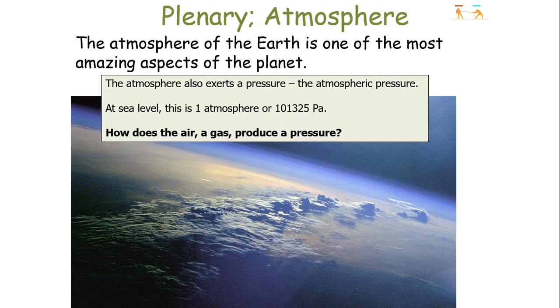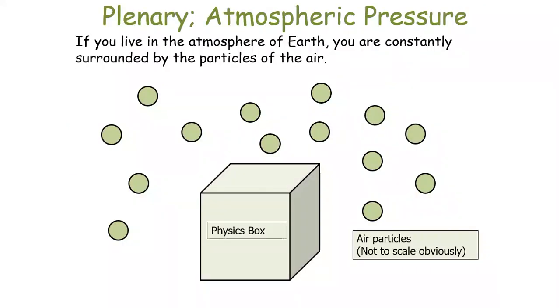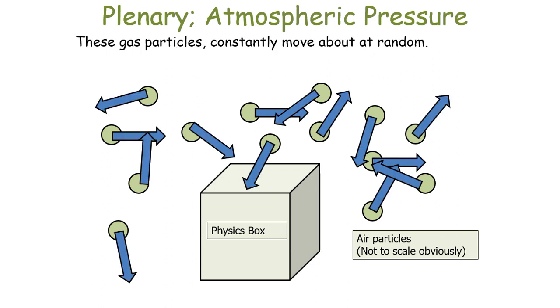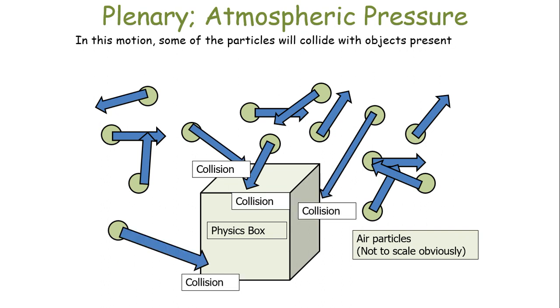Now, the atmosphere exerts a pressure, what we call atmospheric pressure. At sea level, that is 1 atmosphere, or approximately 101,000 pascals. But how does the air, which is a gas, a fluid, produce a pressure? Now, if you live in the atmosphere of the Earth, you're constantly surrounded by the particles of the air. These are gas particles moving about at random, with a variety of speeds in random directions.